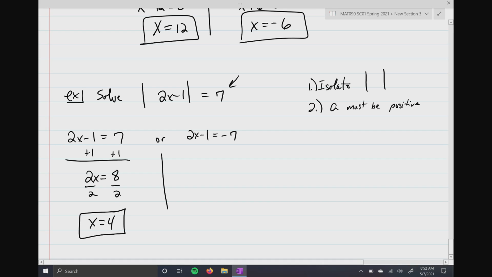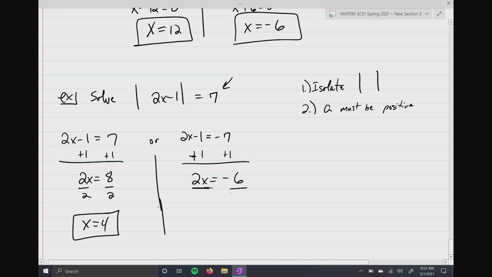For the second half of the problem, I add 1 to both sides again. That gives me 2x equals negative 6. And then I divide both sides by 2 to give me x equals negative 3.